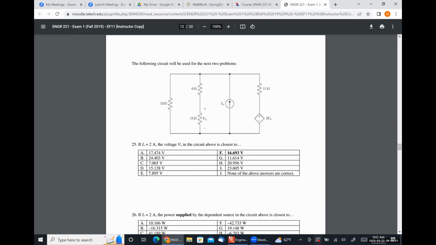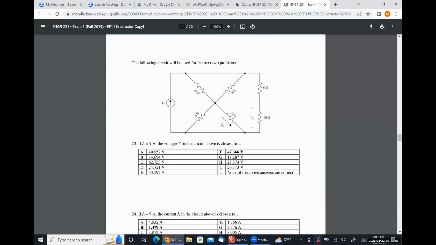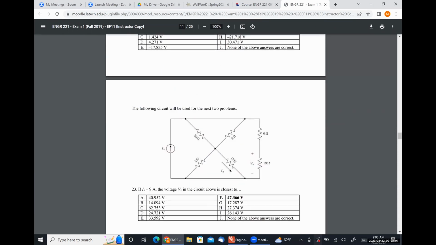Something like this, you could do nodal analysis on. I see 1, 2, 3 nodes. Nothing wild or crazy there. 1, 2, 3. Yep, you could do nodal analysis for that one if you were so inclined.